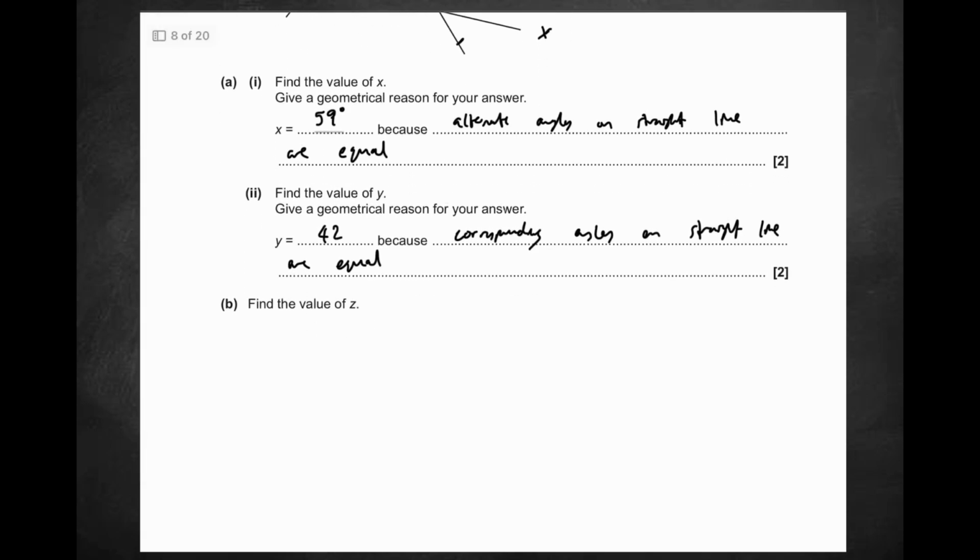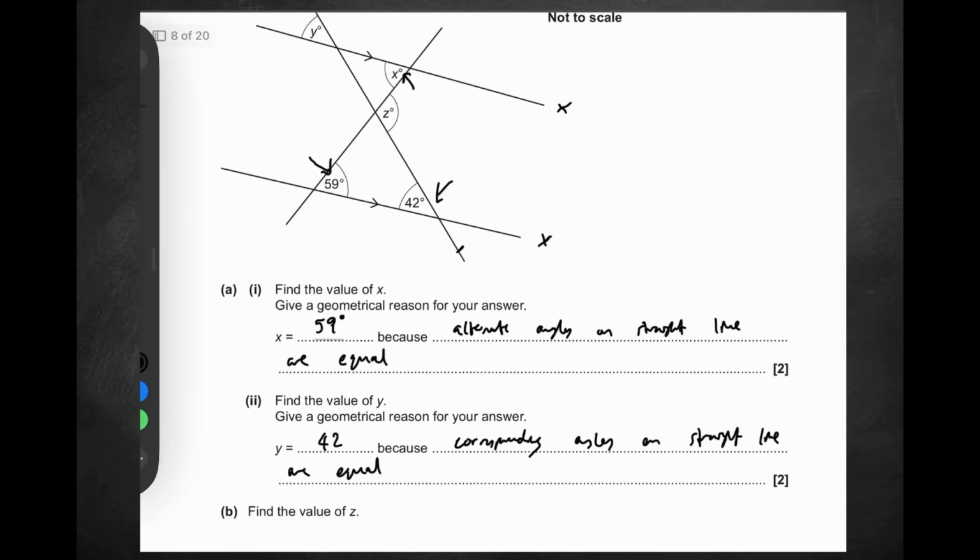And part B, find the value of z. So we know that this angle here, which we're going to call A, we're going to say that A plus z equals 180 degrees because A and z together make up the angle on the straight line. And we also know that A plus 59 plus 42 is 180 because those three angles will make up the triangle.